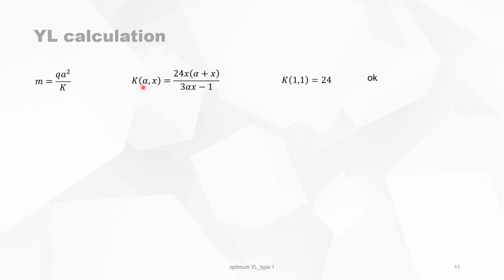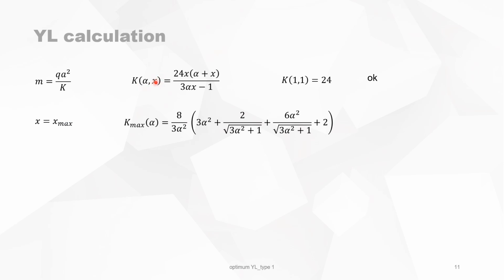For instance, for alpha 1, which means it's a square slab with x 1, that means 45 degrees, we get 24. So the maximum bending moment is qa squared over 24, and this is exactly the value that we expect to find.